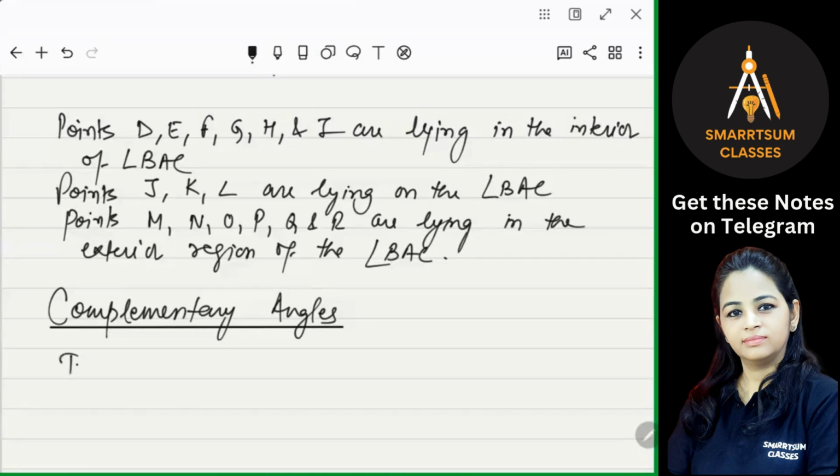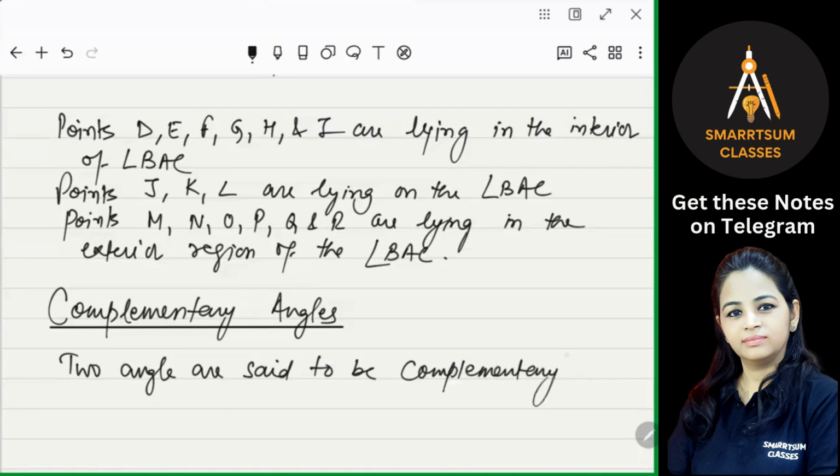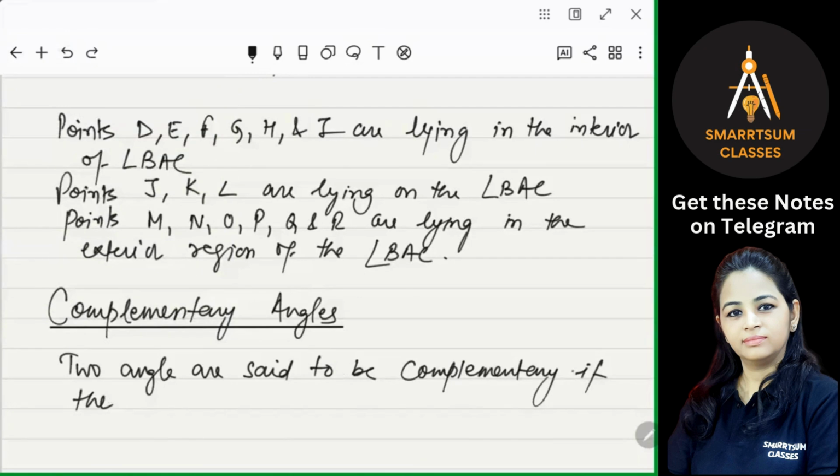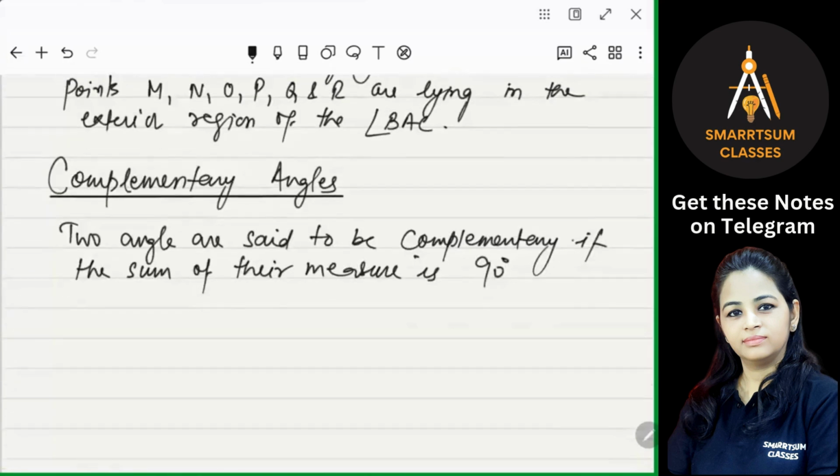Okay, so write down: two angles are said to be complementary if the sum of their measurement is 90 degree, right? Okay.